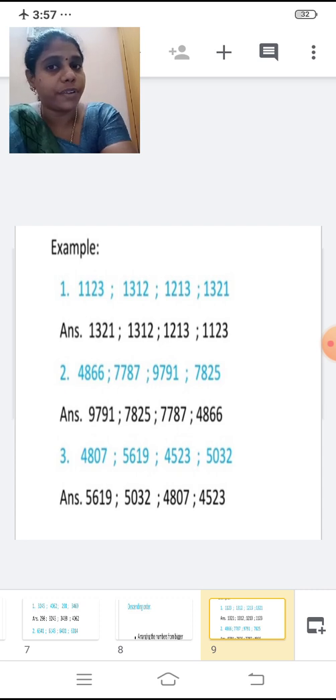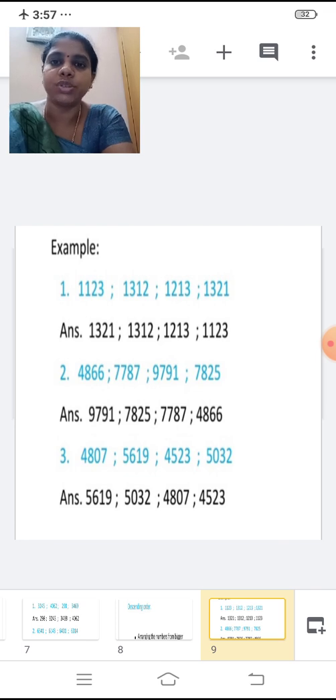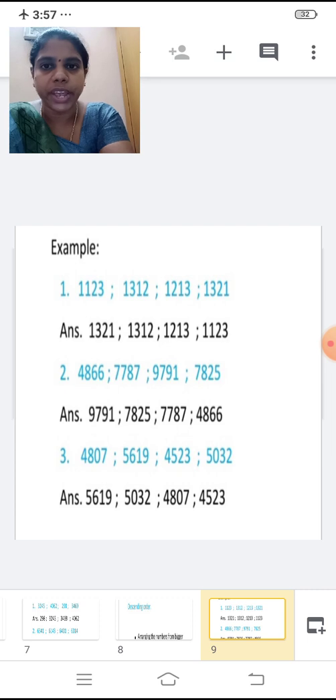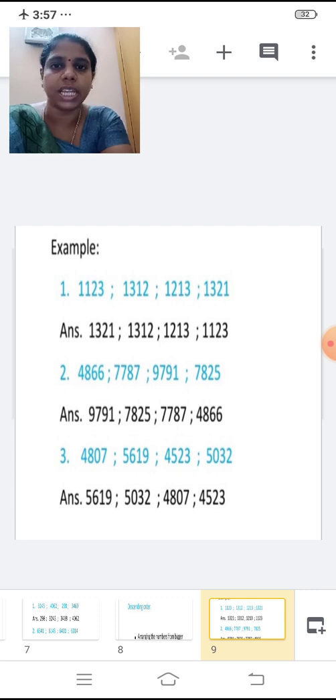So we have to compare from the leftmost part, that is the thousands place. See the thousands place, which is bigger, that you are going to write first. In the first number we are having 4 in the thousands, second number 7, third 9 and fourth we are having 7 in the thousands place. Now tell me which is bigger? 9,000. 9 is bigger, right? So I'm writing that number first.